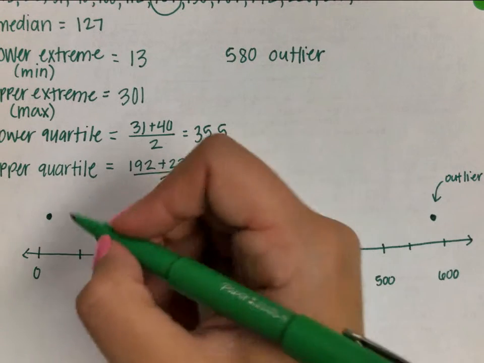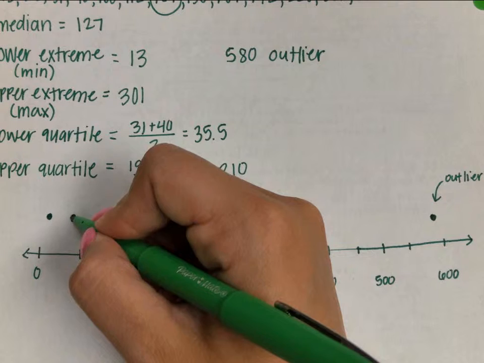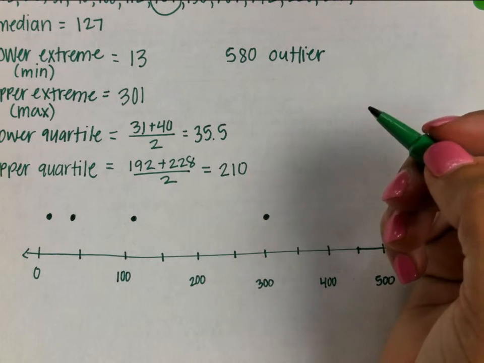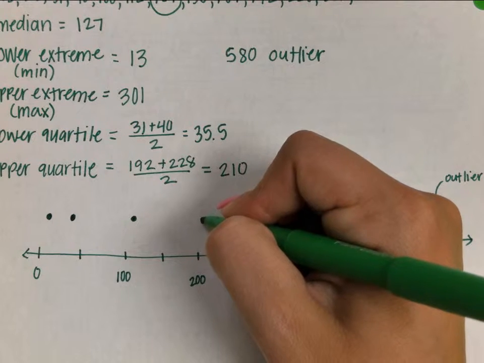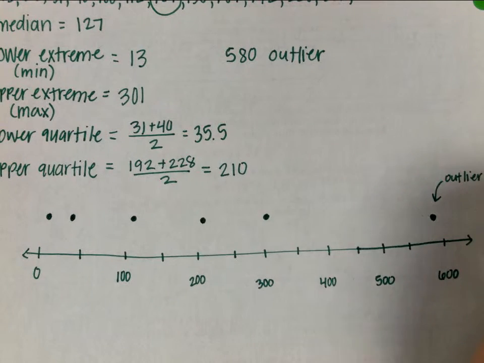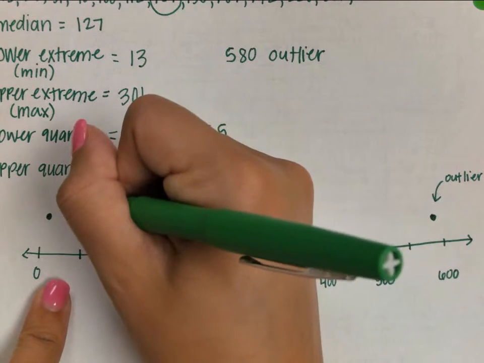So 35 and a half, and 210. So like I said, my lower quartile and upper quartile are the ends of my box. I'm going to go ahead and draw it.